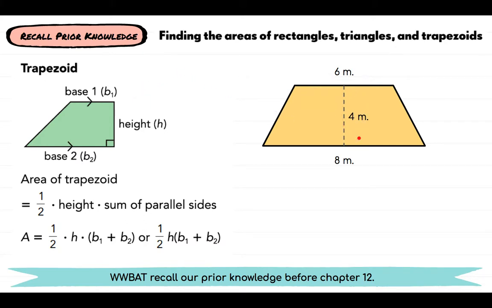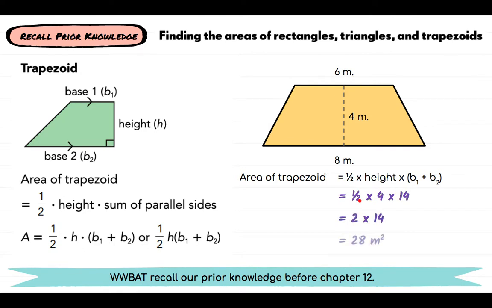The height is 4 meters, and times the sum of the parallel sides, which is 8 plus 6, because these two sides are parallel, equals 14. So I can write it down as 1/2 times 4 times 14. And because 4 can be divided by 2, I have 2 times 14 equals 28 square meters.